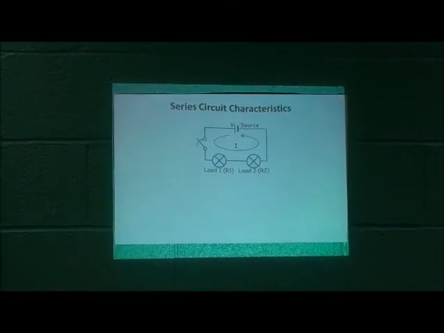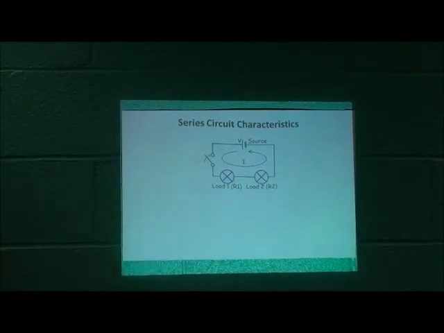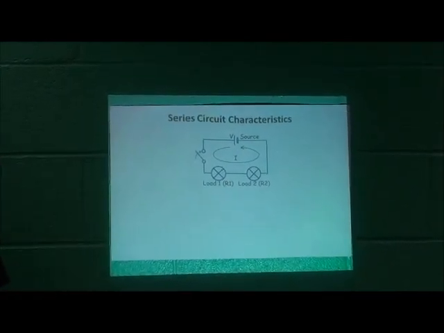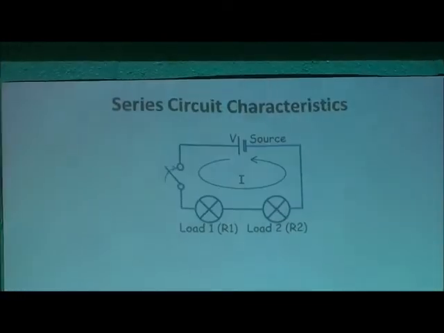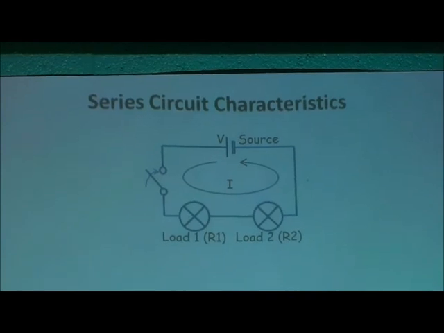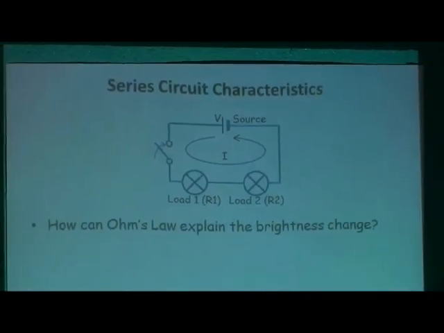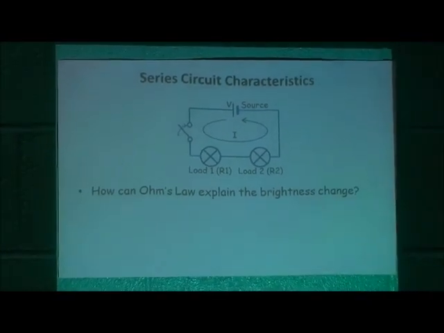Now, we want to get an explanation for what happened, so we have a slightly more detailed diagram where we call the loads, the resistances, R1 and R2. We want to know how Ohm's Law can explain the change in the brightness.